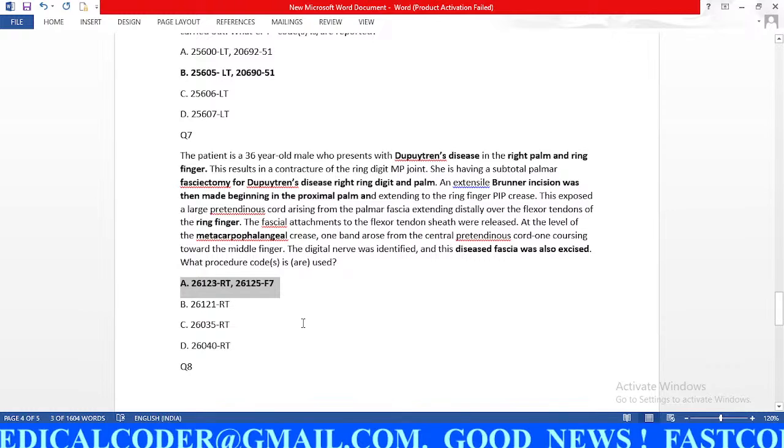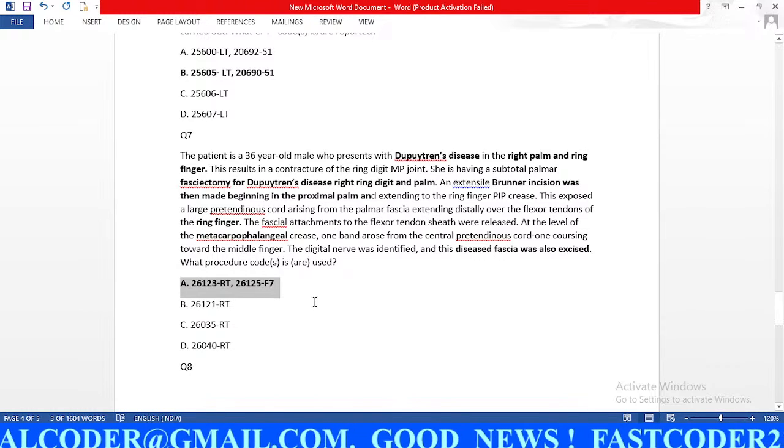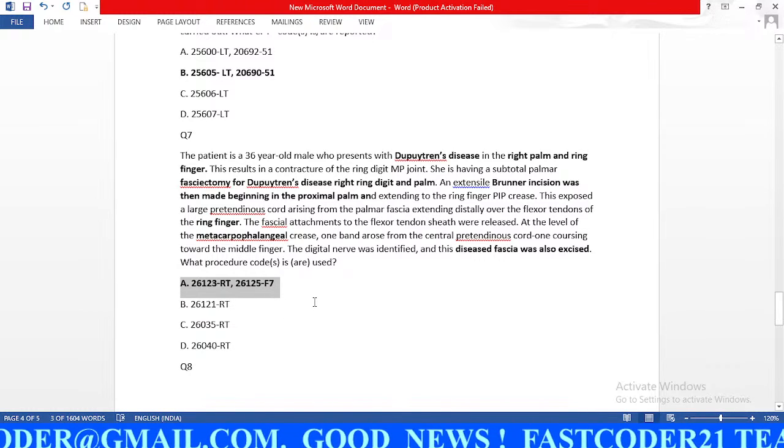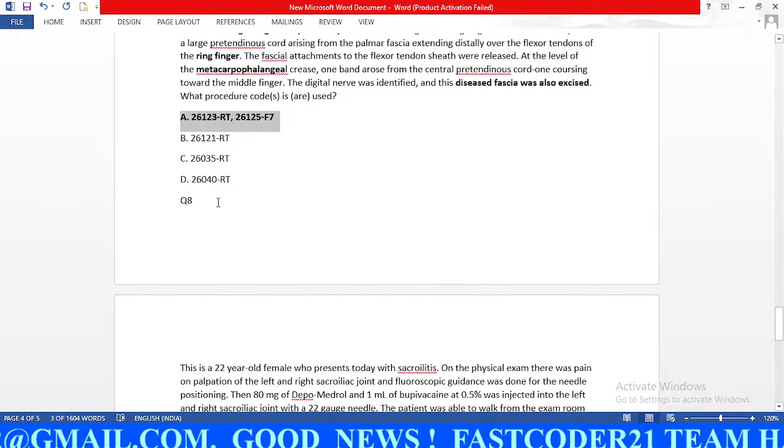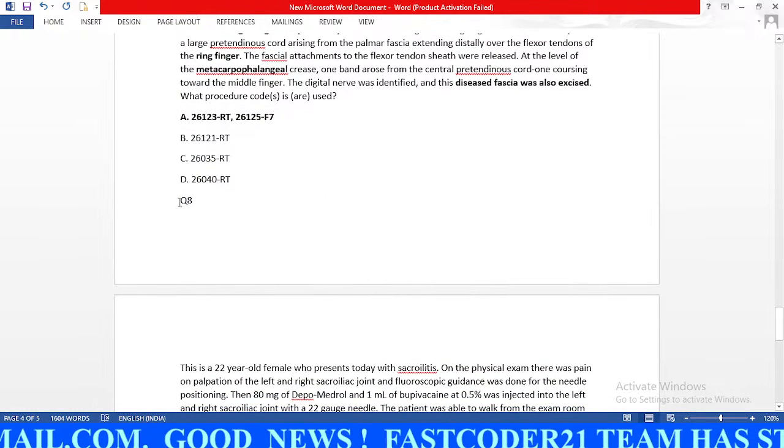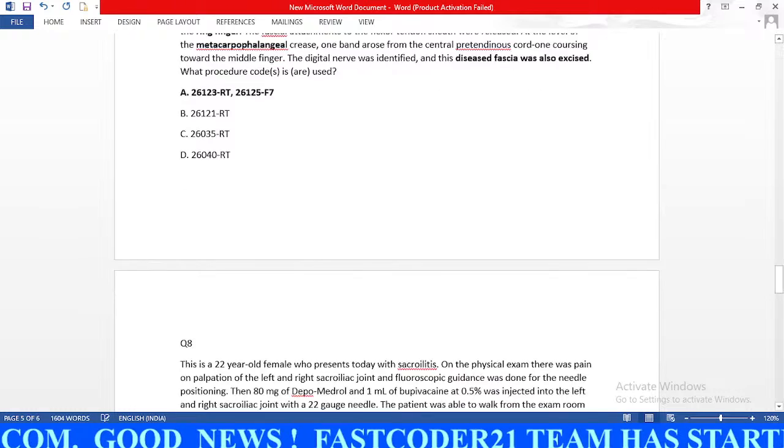Okay guys, F7 is for modifier, ring finger modifier. So now this is question number 8.